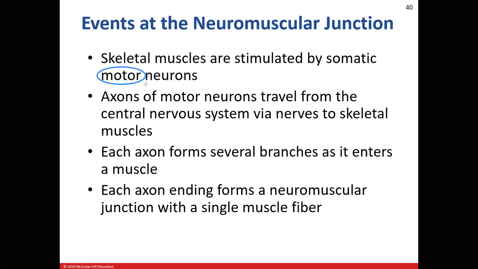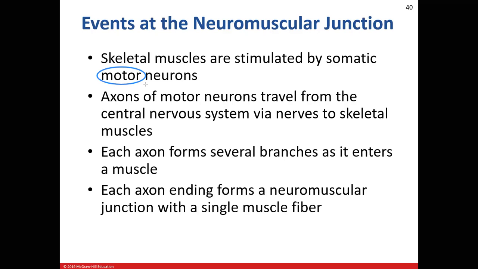When we look at the motor component of the somatic classification, somatic motor neurons are neurons that go to innervate skeletal muscle and cause movement. The axons of the motor neurons, which are the part that go away from the cell body of the neurons, are going to travel from the central nervous system via nerves to our skeletal muscles.